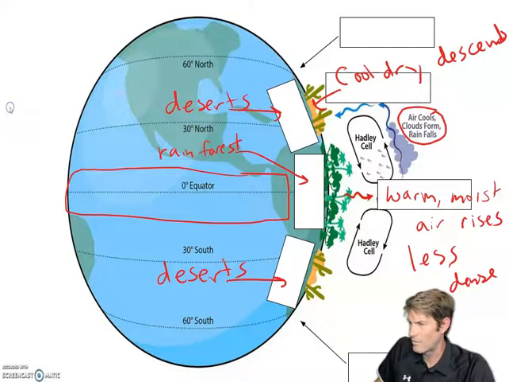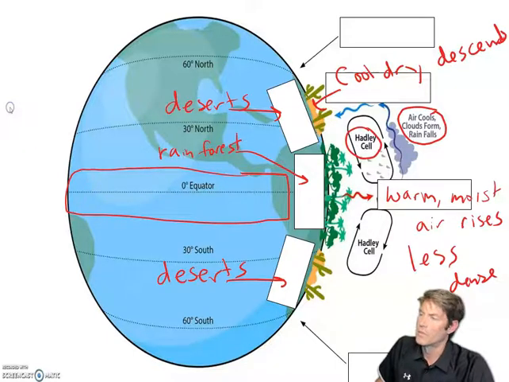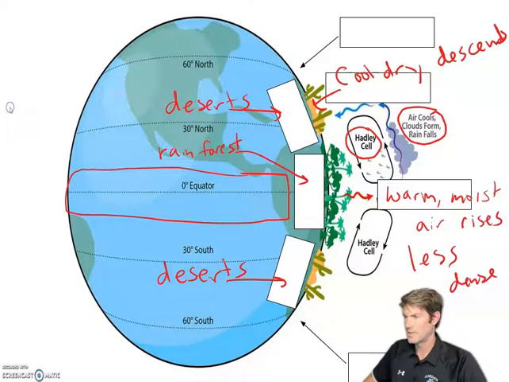And this little cell, they call it a Hadley cell, of that rising moist air condensing, losing its moisture, and then descending again. So that's why you see these deserts in the areas that we saw before.